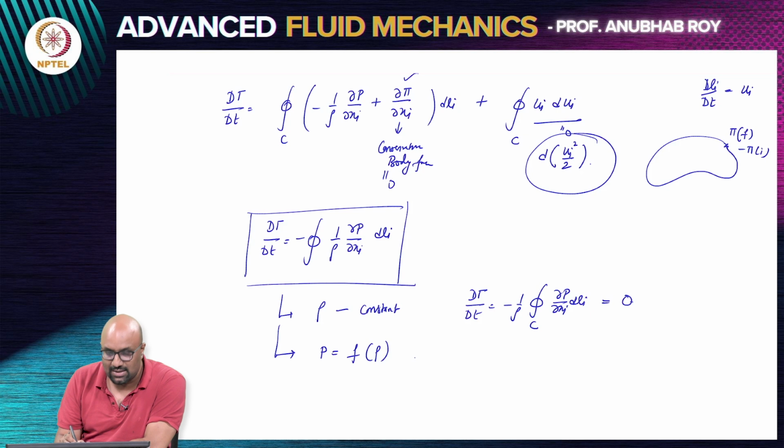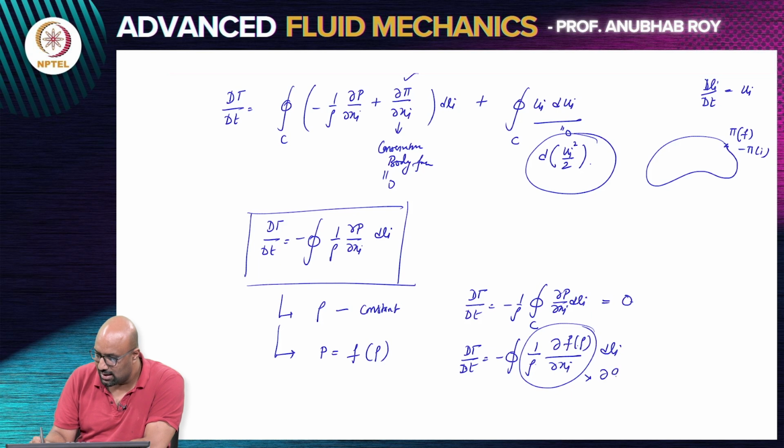So, if P is a function of rho, then what I have here is 1 by rho d of that functional form f of rho dxi dli, and because it is now just a gradient of some function of rho times 1 by rho, I can write this as a gradient of some other function of rho.